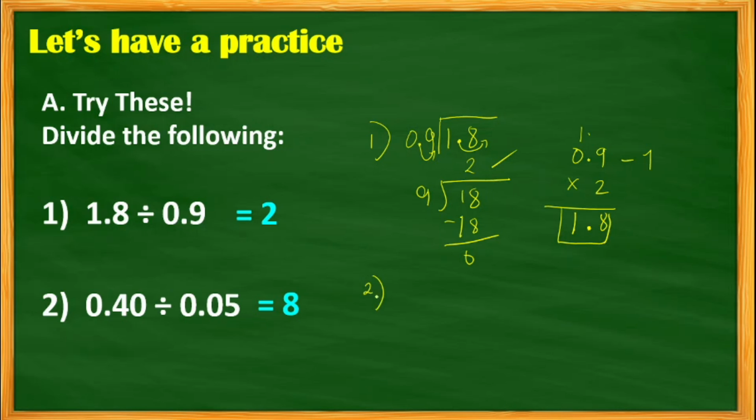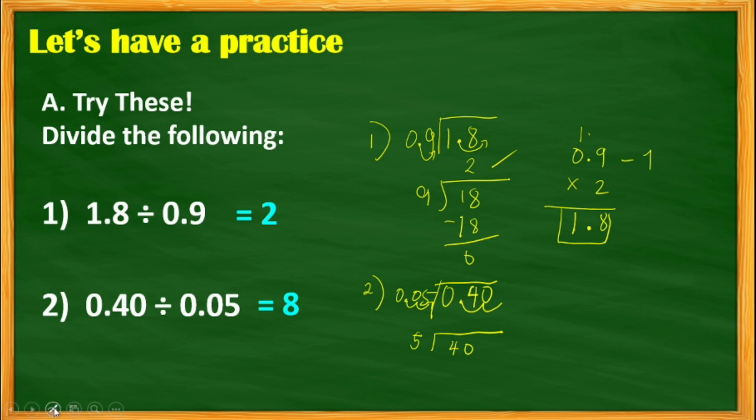For number 2, this would be the solution. So 40 hundredths divided by 5 hundredths. So move the decimal point 2 places to the right to make this one as a whole number and then 2 places to the right. So this would be 5 and then this would be 40.